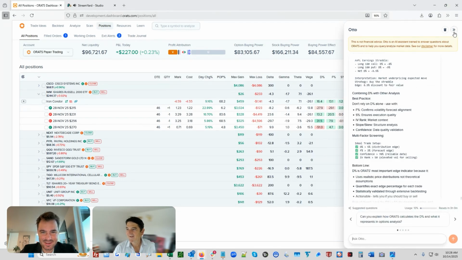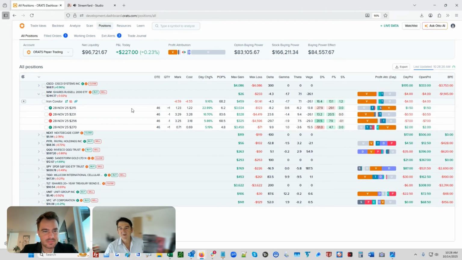Yeah. So we talked about forecast edge, and that's when we look at actual volatility. Lately the actual volatility has been below the implied. So there's a lot more selling trades that are showing up with positive F edge. But again, you have to take that with a grain of salt.